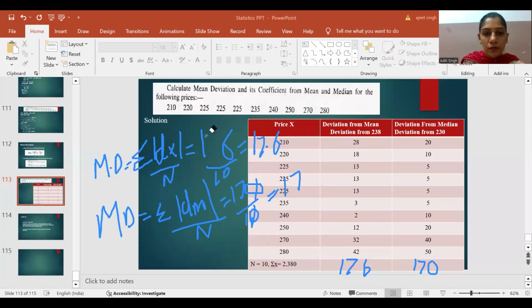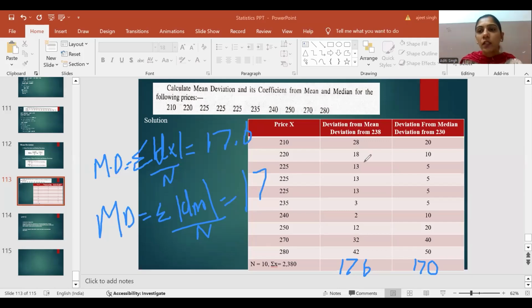So if we write these values, 17.6 and here the value is 17.